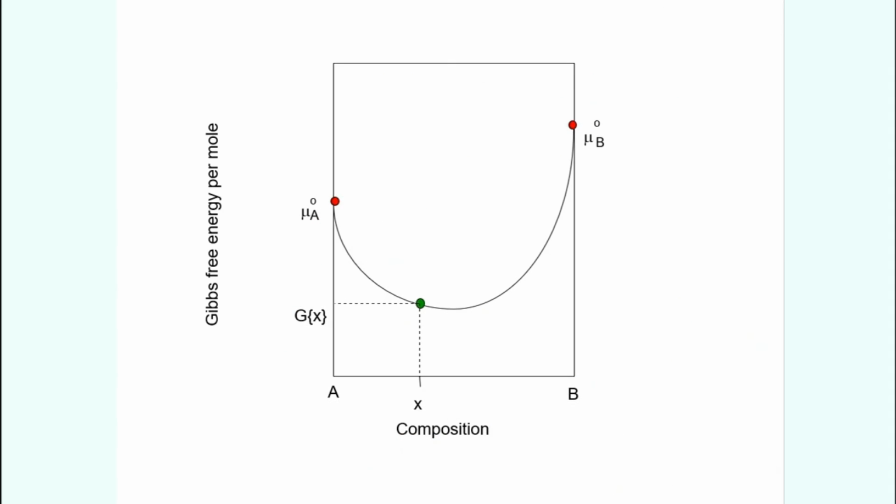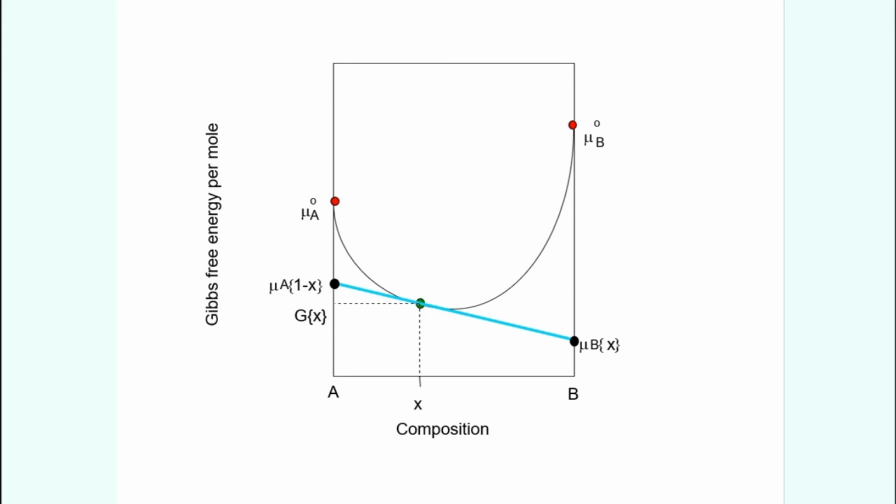Okay, now let me go back. Chemical potential can be obtained very easily by knowing this free energy composition curve, which is a parabola, and then drawing a tangent at any point wherever you want to know the chemical potential. So here is x, and if you draw a straight line or a tangent to this curve at this point, it will hit the vertical axis, and wherever it hits, you get mu A, the chemical potential of A, and the chemical potential mu B you can get.